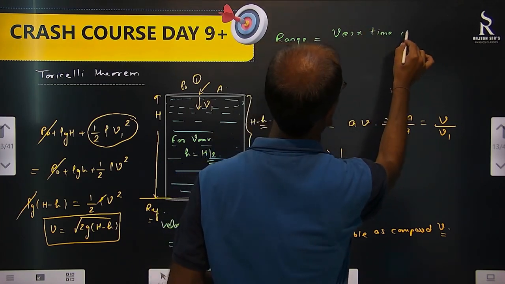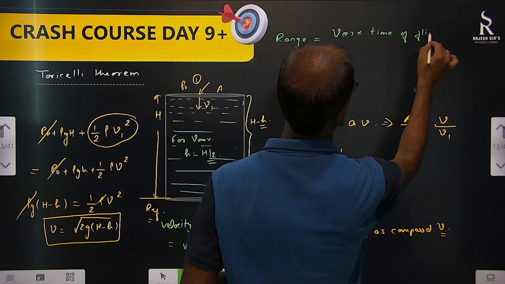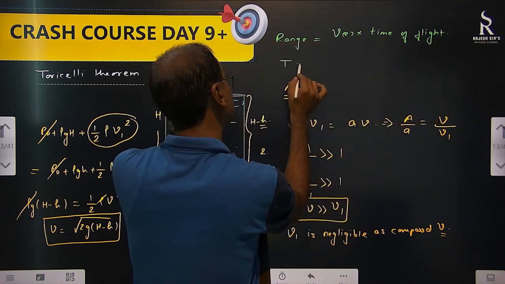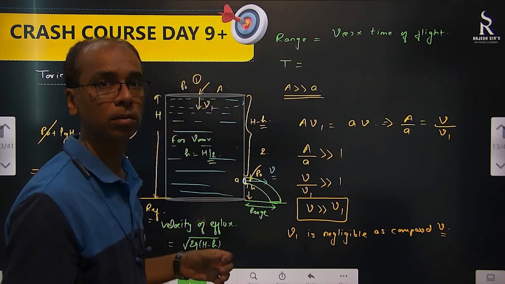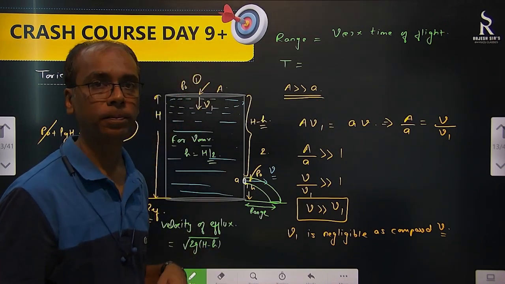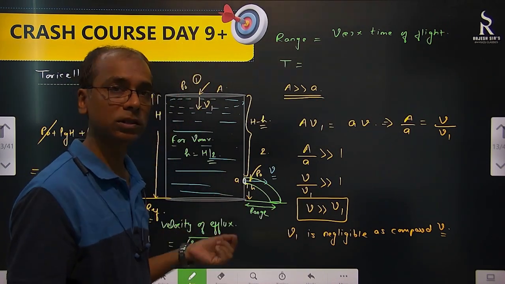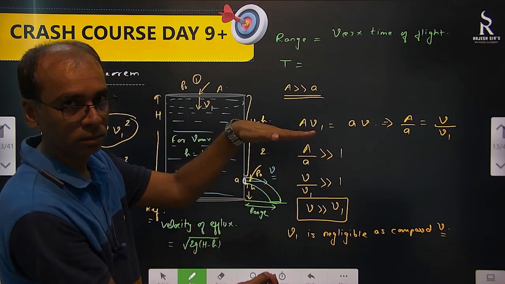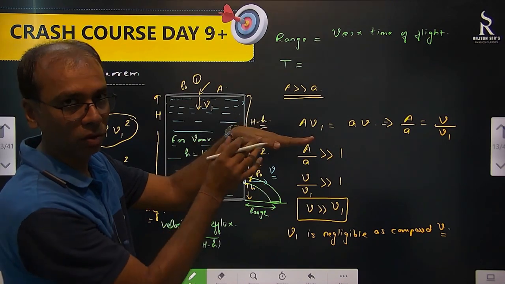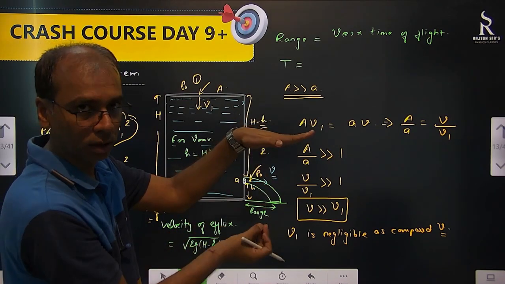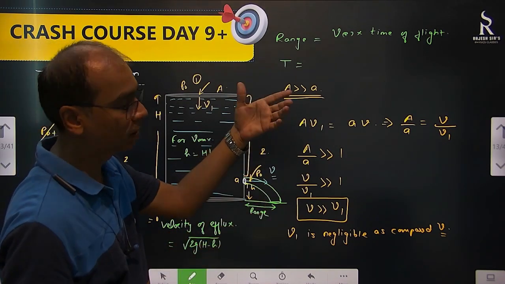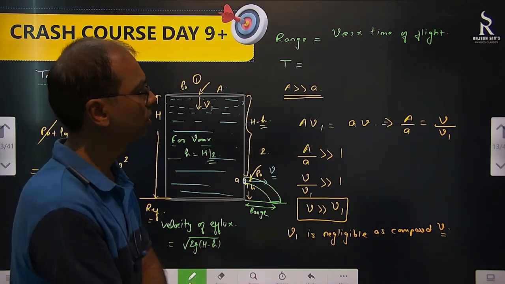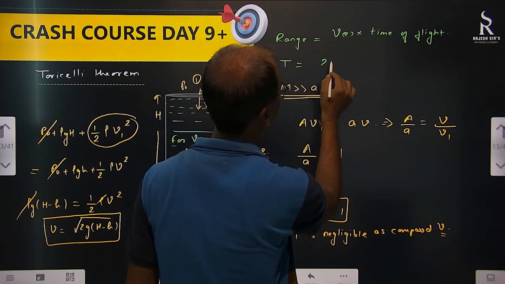Now what is time of flight? From horizontal projectile motion, that also we can find. The time of flight is root 2h by g, because here vertical velocity is 0, horizontal projection. So how much down is it coming? h. Have we given any vertical velocity here? No. So it's like a free fall, as if you are dropping a particle, right? So what was the time of descent in that? Root 2h by g. So here also, root 2h by g.